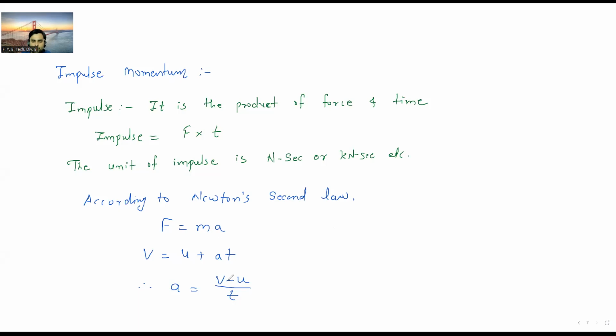So this value of A, if you put over here, then what you will get? Instead of this A, if you put this value of A, then on that side it is F is equal to M into, instead of A, V minus U divided by T. Okay.